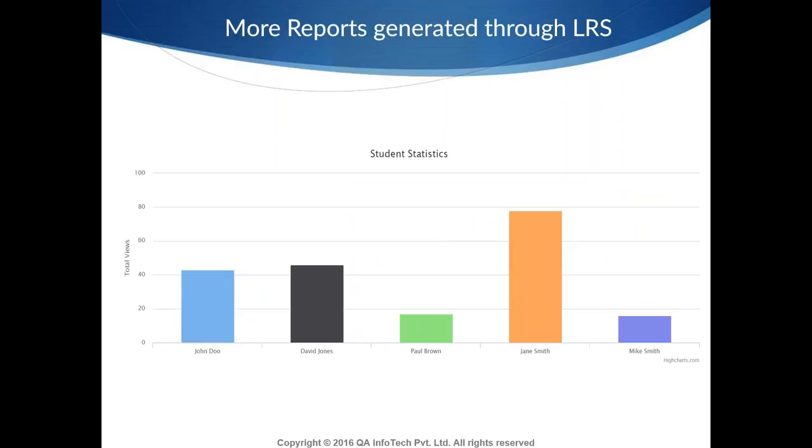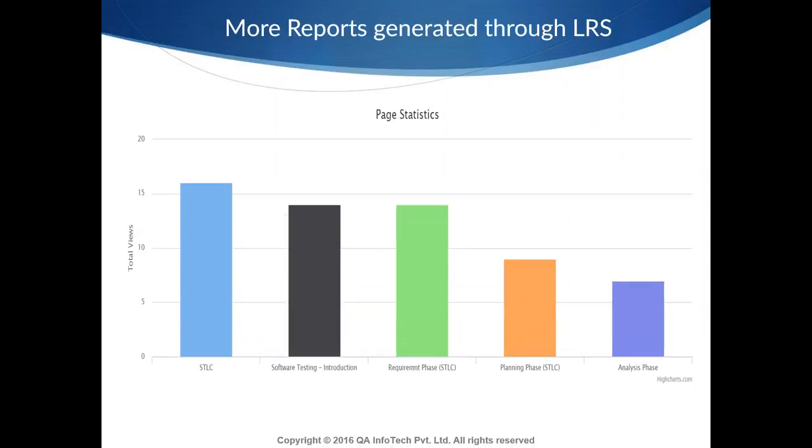Here we are talking of students and how many pages they have seen in a given course. So if there is a tutorial or a course material to be read, then each of these students are reading so many pages. That is what is being depicted here. And this is actually the page statistics.